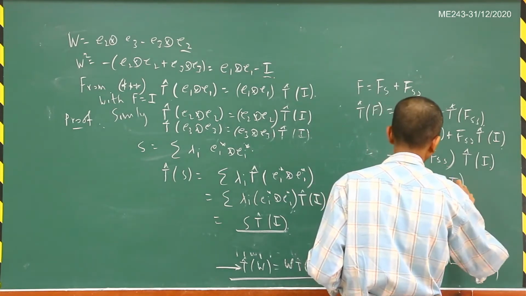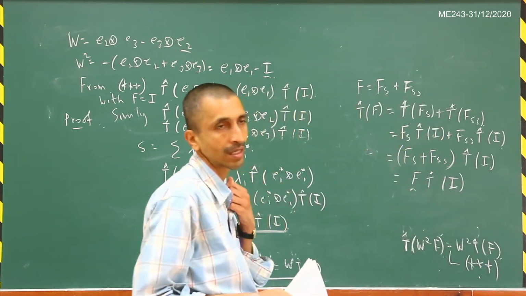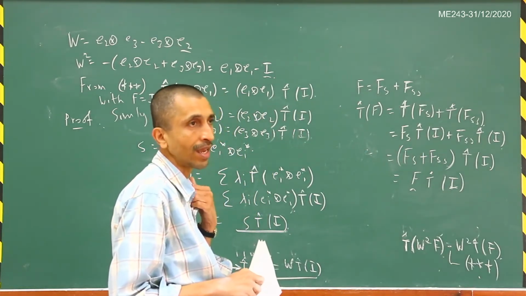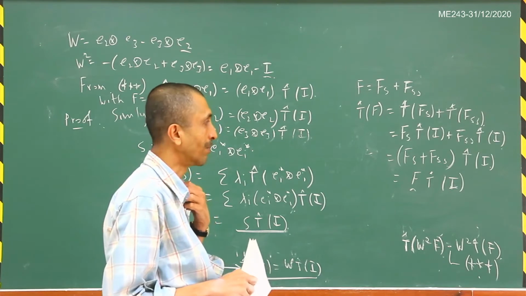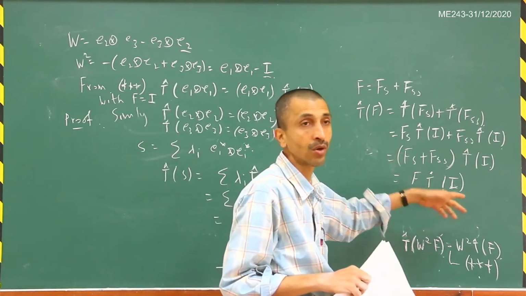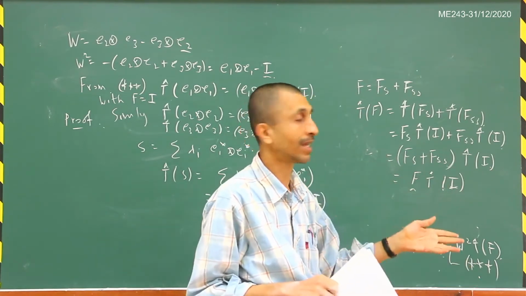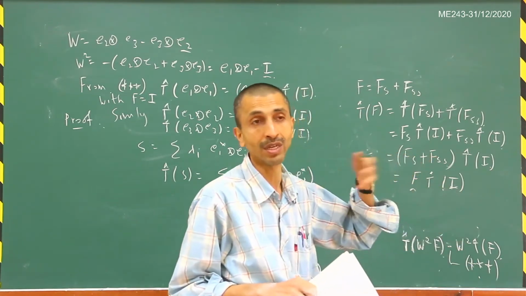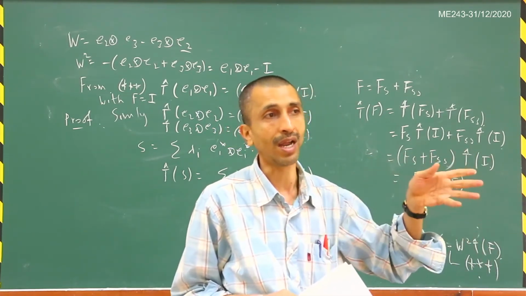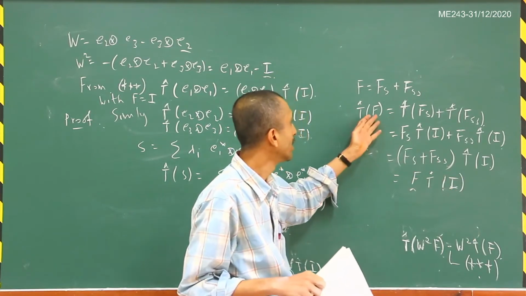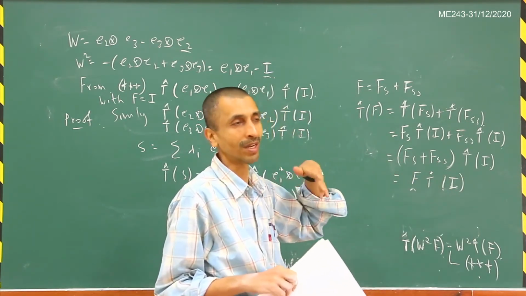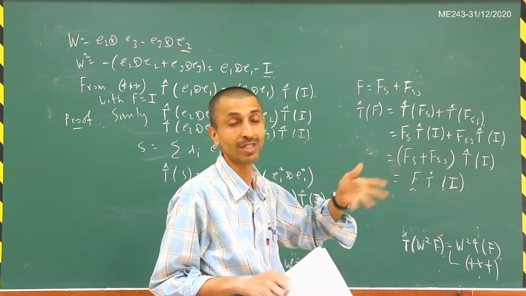So what we have shown is that a constitutive relation for T hat is linear in F and material frame indifferent if and only if T hat of F is equal to F times T hat of I. Now, many times we have been assuming that T hat of I is 0, correct? That means the reference configuration does not have any residual stresses, and so basically what we get is that T hat of F is equal to 0, because material frame indifference is satisfied if and only if the stress is 0.